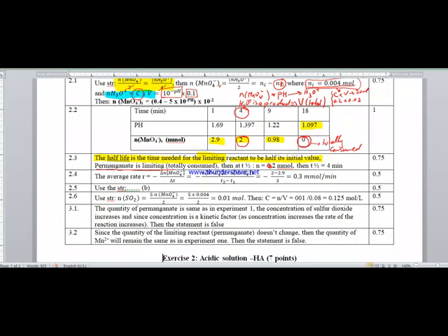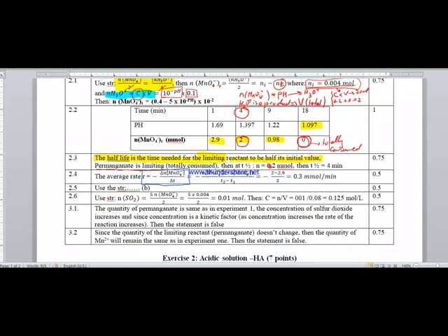To calculate the average rate in part 4, the average rate of disappearance, we know that the rate of disappearance is equal to minus delta N over delta T, minus because this is a reactant. We substitute: N is minus the number of mole at T2 minus the number of mole at T1, over T2 minus T1.